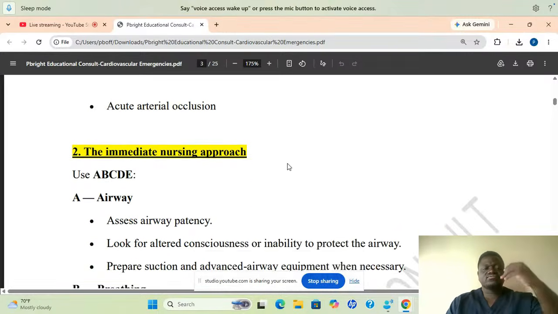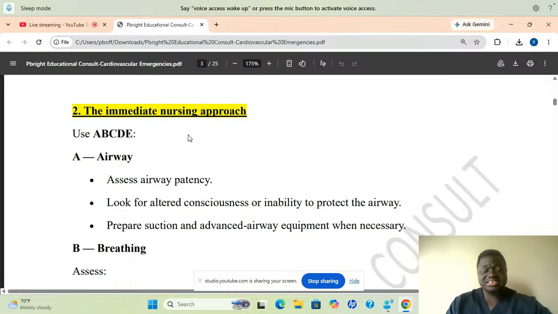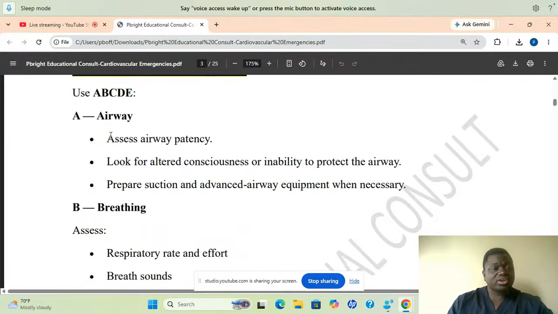The next is the nursing approach. Anytime you get any patient, whether the ambulance or they walked or the family members brought them, whether they are conscious or unconscious, this is the approach you should go. The ABCD approach. So assess their airway to check for patency.